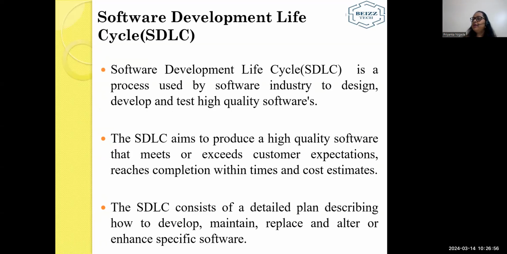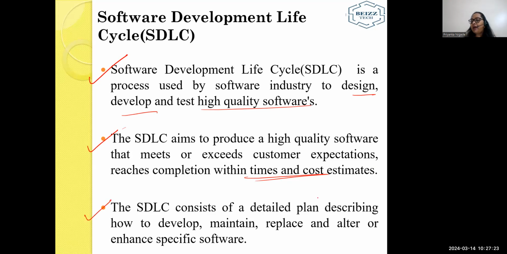So here, what is the software development life cycle? First statement, it is a process which is used by the software industry to design, develop and test high quality software. In SDLC, the main aim is to produce high quality software which meets and exceeds customer expectation, and reaches completion within time and given cost estimation. So we have to focus on the quality parameters too.